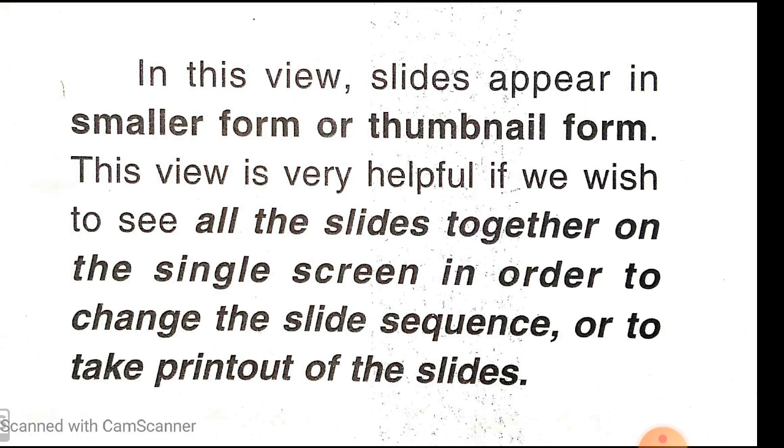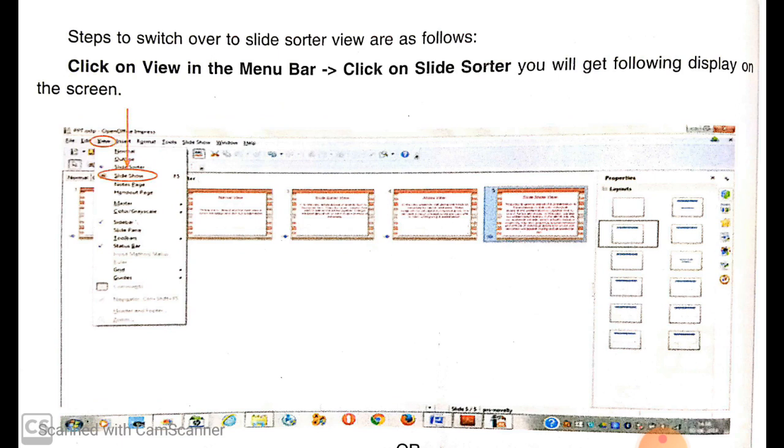Now here are the steps to switch over to slide sorter view. Click on View in the menu bar and then click on Slide Sorter. You will get the following display on the screen, as you see in this picture.